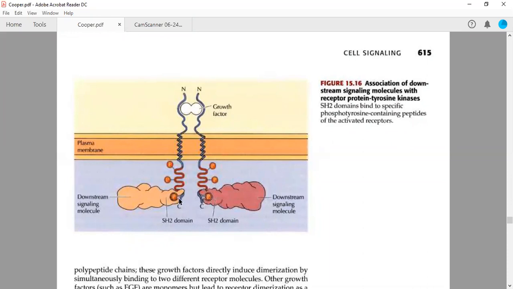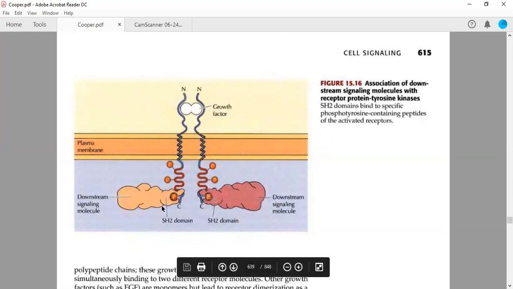They create docking sites for proteins which come and bind to these phosphotyrosines specifically. These proteins are downstream signaling molecules which transfer the signal from the receptor inside the cytosol of the cell, and they have these characteristic SH2 domains, which are called SRC homology 2 domains.